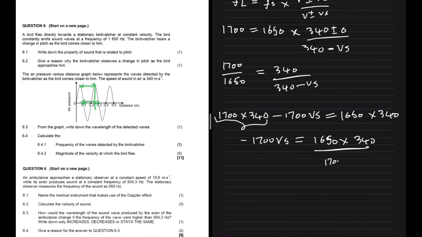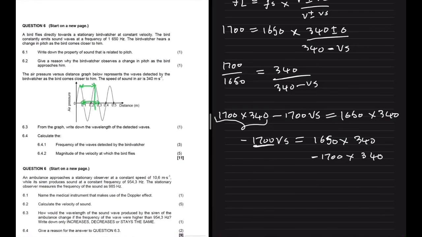I'm going to take this expression to the right-hand side so that I can further isolate Vs. It's going to be minus 1700 multiplied by 340. After I've done that, I can divide both sides by minus 1700.